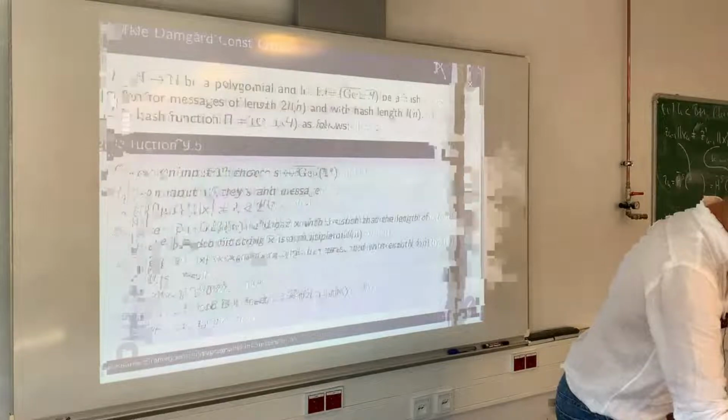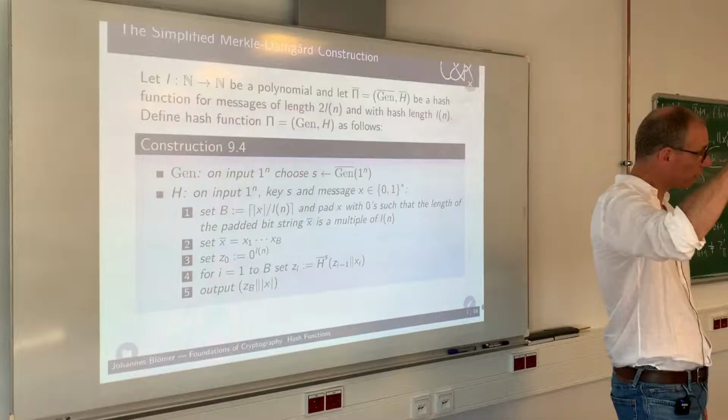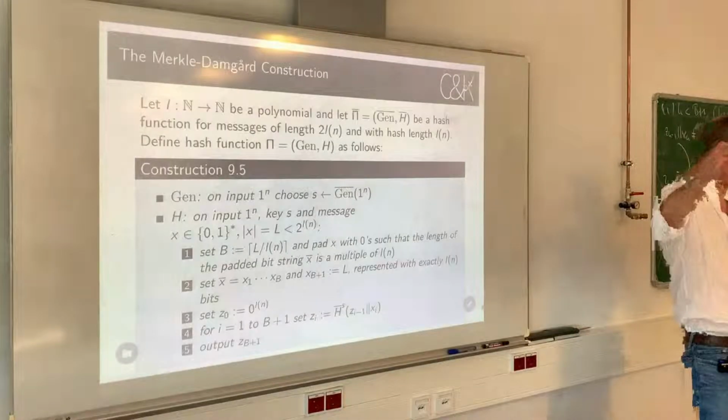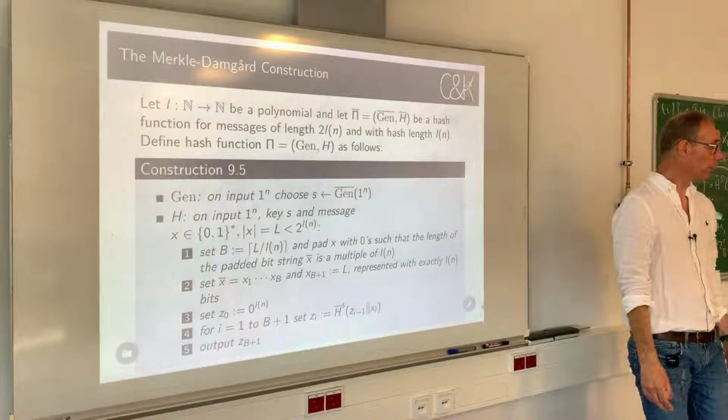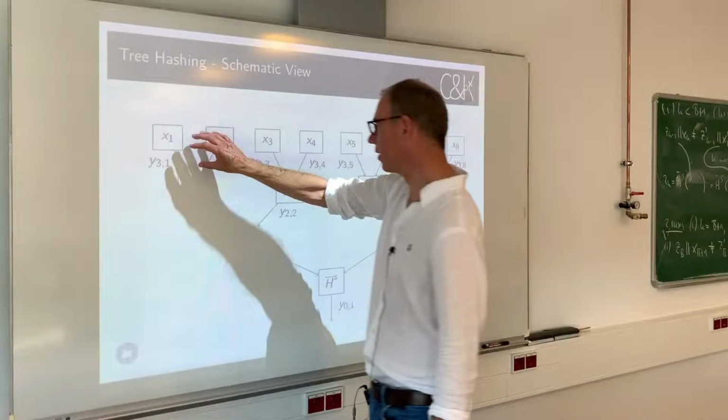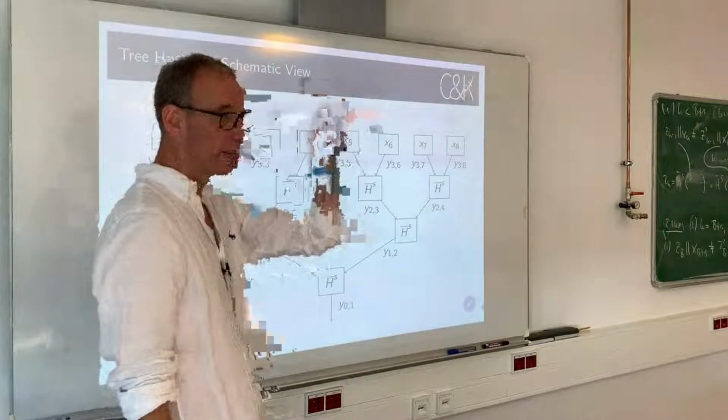You can either do this version here where you just include the length as the last block, or you are slightly more clever and include the length, but you restrict the length of the messages and pad with leading zeros. So, in our case here, b plus 1 is 8. Right? And these are the blocks, and you have the h bar.